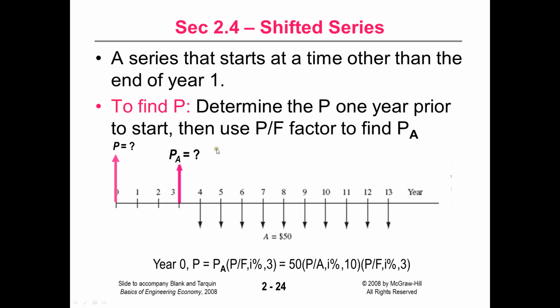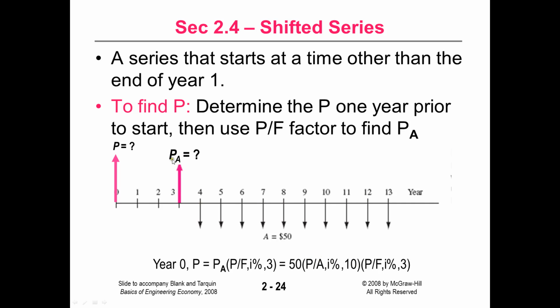So you are first going to find the equivalent P of the A's. How do you do that? By using the factors, it's going to be 50 times find P given A at 1%, and you have 1, 2, 3, 4, 5, 6, 7, 8, 9, 10. So 10 will be your N. It will be this part right here.